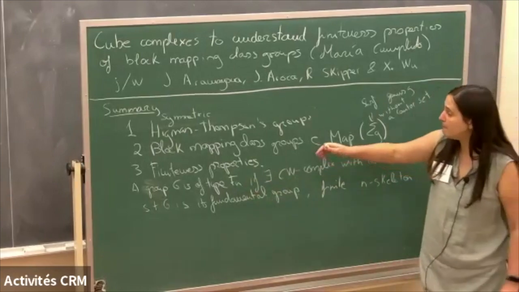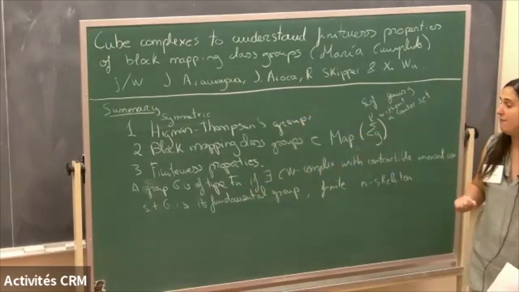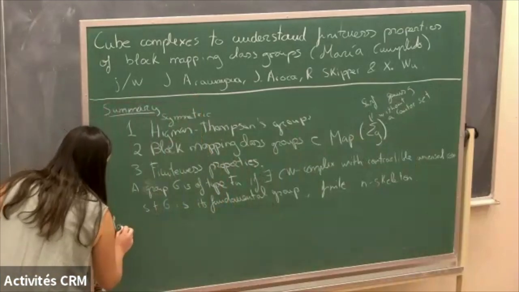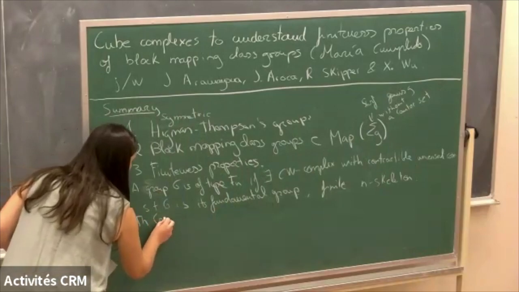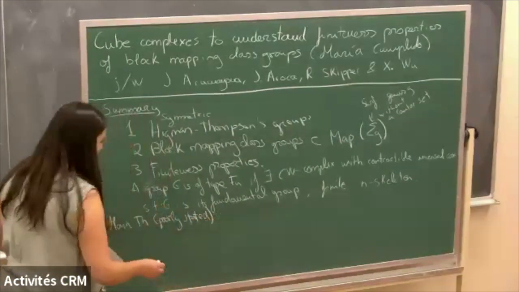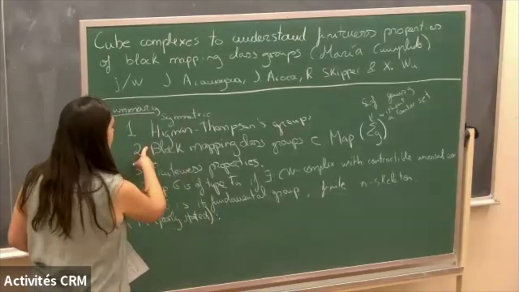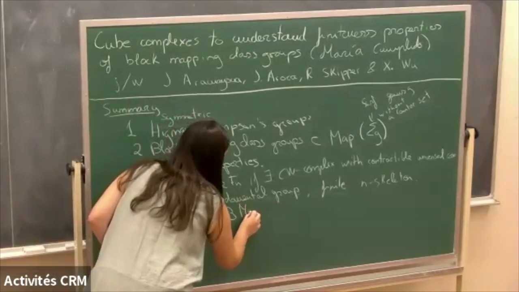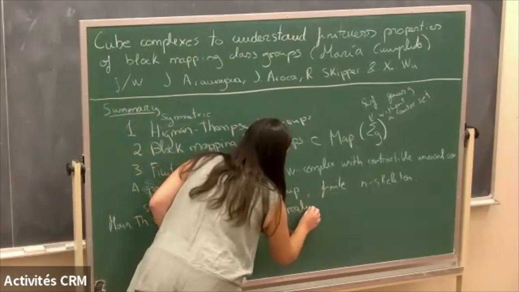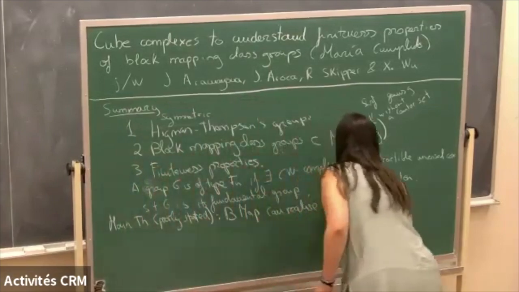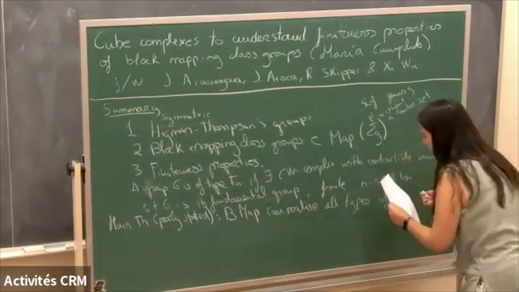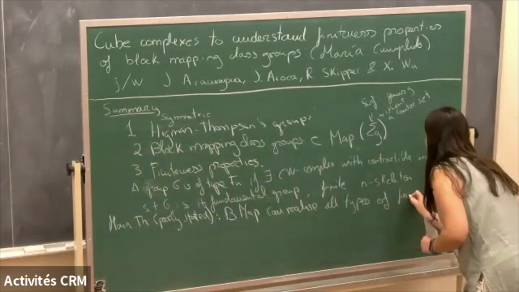So normally families related with these groups are F infinity, and what we prove in our article, our main theorem, poorly stated because I don't have the terminology to state it well for now, is that these block mapping class groups, for now I will just denote them like that, can realize all types of finiteness properties.